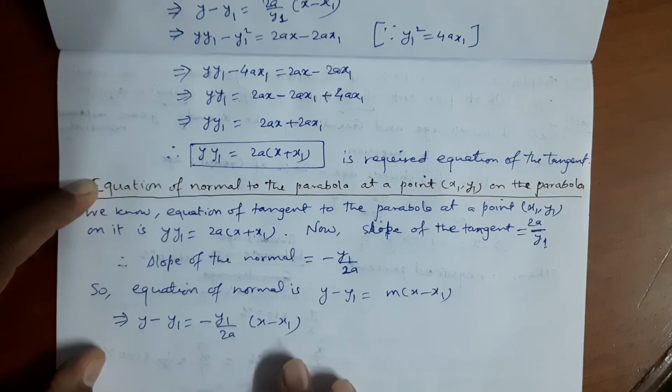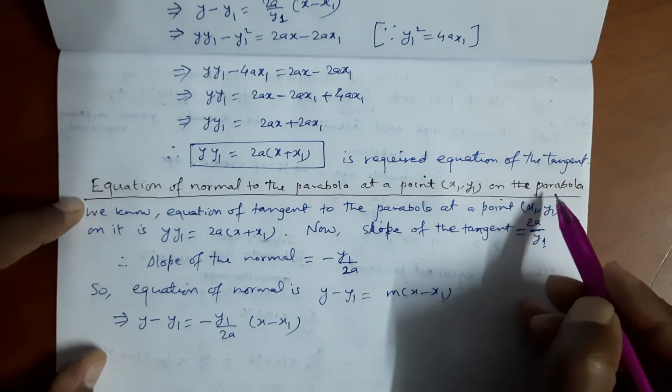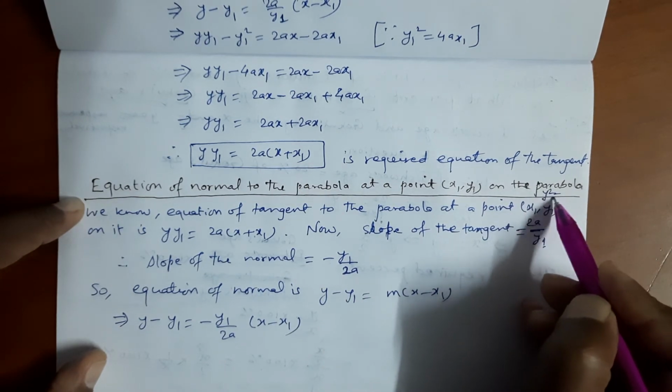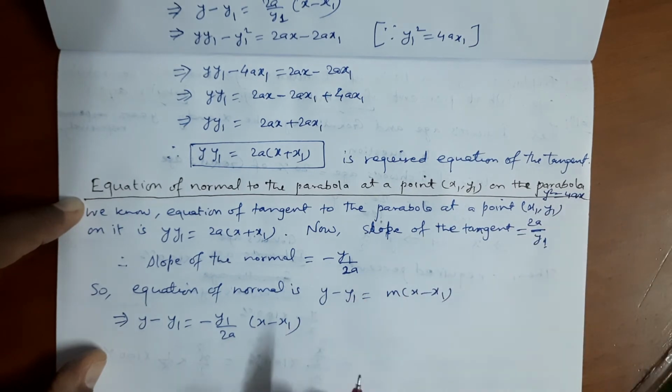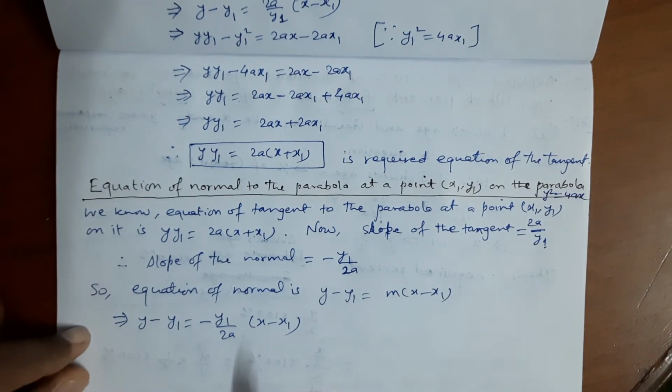If the point x1 y1 and the equation of the parabola, y square equals 4ax, are given, we can also find the equation of the normal in slope form.